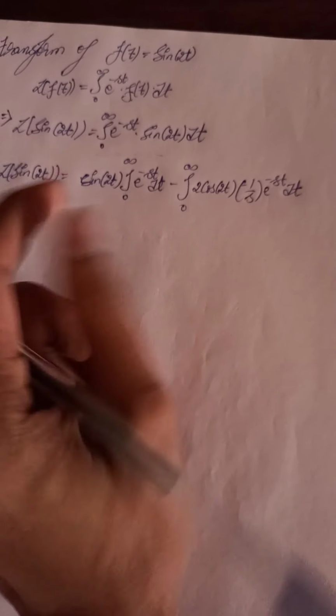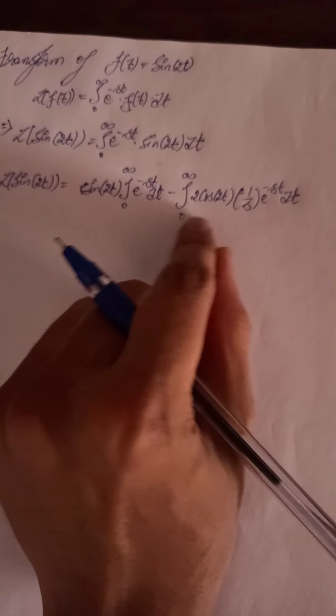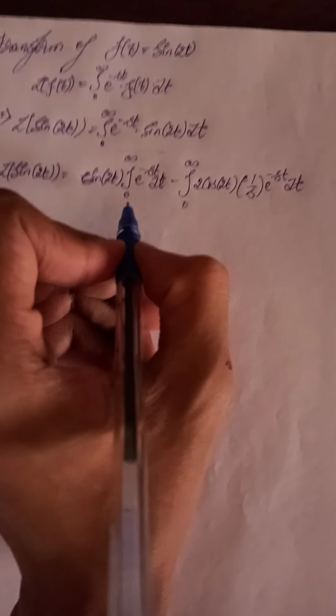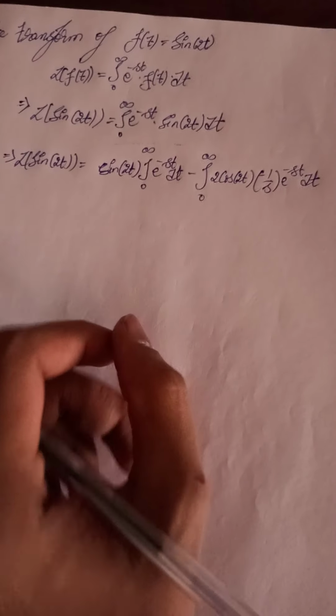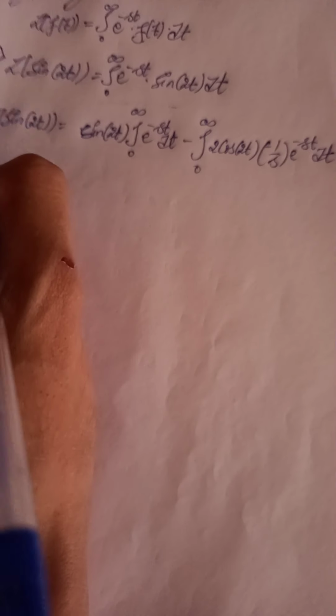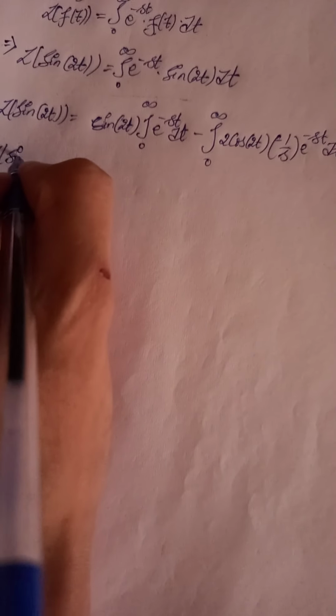For now let's assume that these functions are indefinite, as in let's not consider the limits and solve it. At the end we will apply the limits and then find the final answer. So let's just simplify this first.